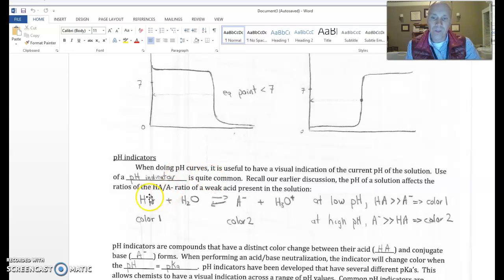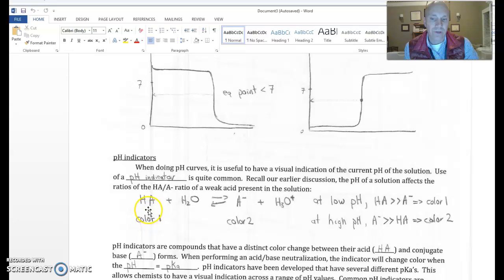Essentially, all a pH indicator is, is a compound that is essentially a weak acid. Since it's a weak acid, it can either exist in its protonated form, what we consider its acid form, but at certain pHs, it's going to exist in its conjugate base form, its A- form. What makes something a good pH indicator is if these two things have distinctively different colors.